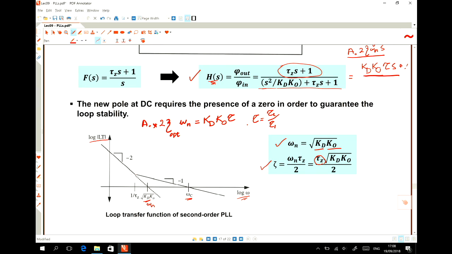This is from the book. And then what it wants to say is that at these two points, actually at this point we have a change of slope. And here is this.